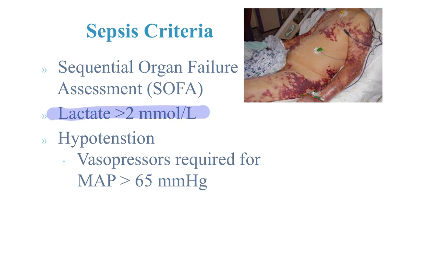And we're putting this all together. This is not individual. So we score the SOFA. Our lactate is greater than 2. We have hypotension, and that requires a vasopressor like vasopressin, norepinephrine, to even get a mean arterial pressure of 65 millimeters of mercury or greater.